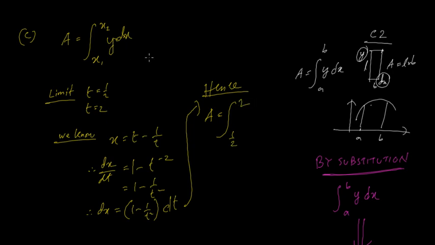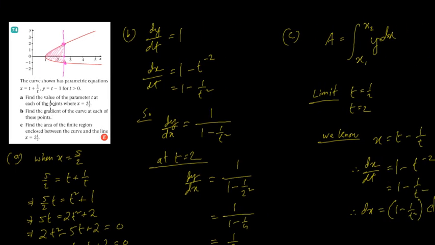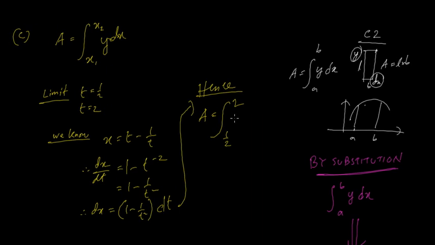We know the expression y is t minus 1, so t minus 1, and dx equals 1 minus 1 by t squared dt. So we have completely used substitution to convert this Cartesian integral into this parametric integral.